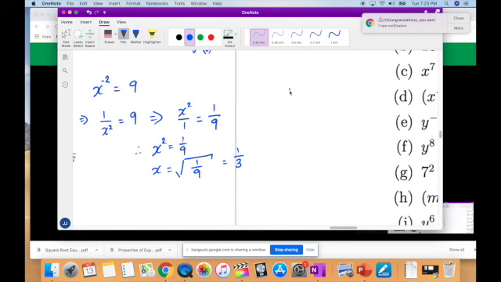Like if I said a half is equal to 2 over 4, would you say this is a correct statement? Yeah. Well, now let's flip it. So 2 over 1 is equal to 4 over 2. Would you say this is a correct statement?